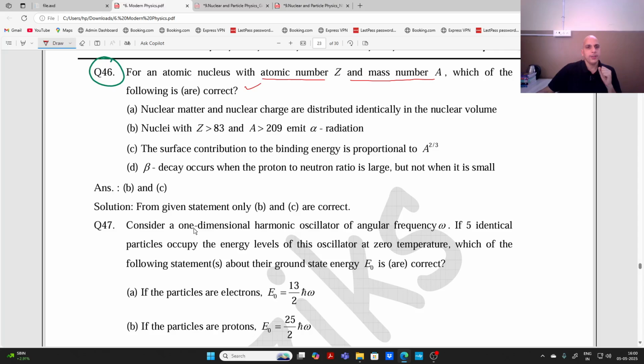Let's look at the different options. Nuclear matter and nuclear charge are distributed identically in the nuclear volume. This is wrong. This is not correct.